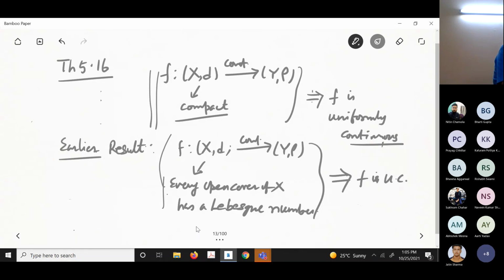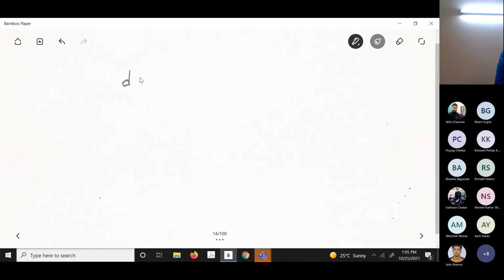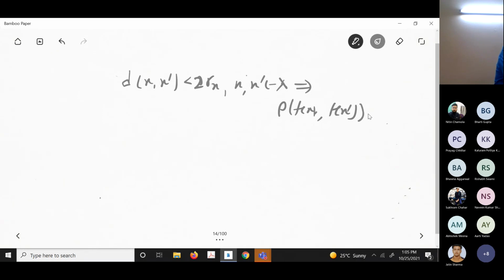Since f is continuous, R(x) is greater than 0, and if d(x, x') is less than 2R(x) and x' belongs to X, then using the definition of continuity, the difference is less than epsilon by 2.